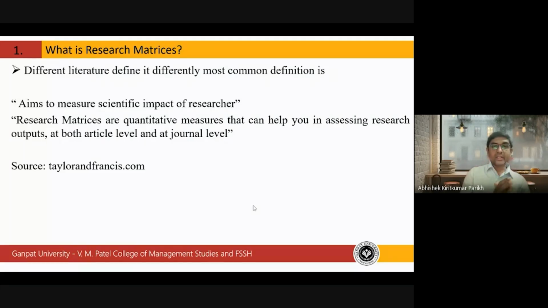But my point here is, if your research article is not creating interest among the same area of specialization, it may not be contributing to the literature, right? So that's why the research matrix helps you understand the impact of your research work, right?